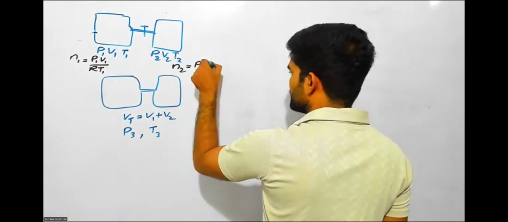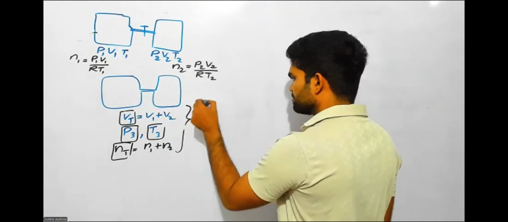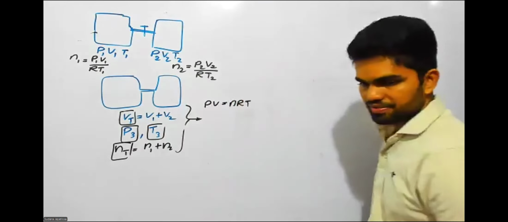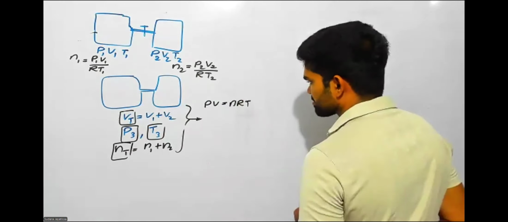So once you open the tap, the total moles N total will be N1 plus N2, isn't it? Now, since you know all the information, you know the volume, the pressure term, the temperature term, and the total mole term, you can apply this to your PV equals nRT for the whole setup, isn't it? From that, you can find out T3.